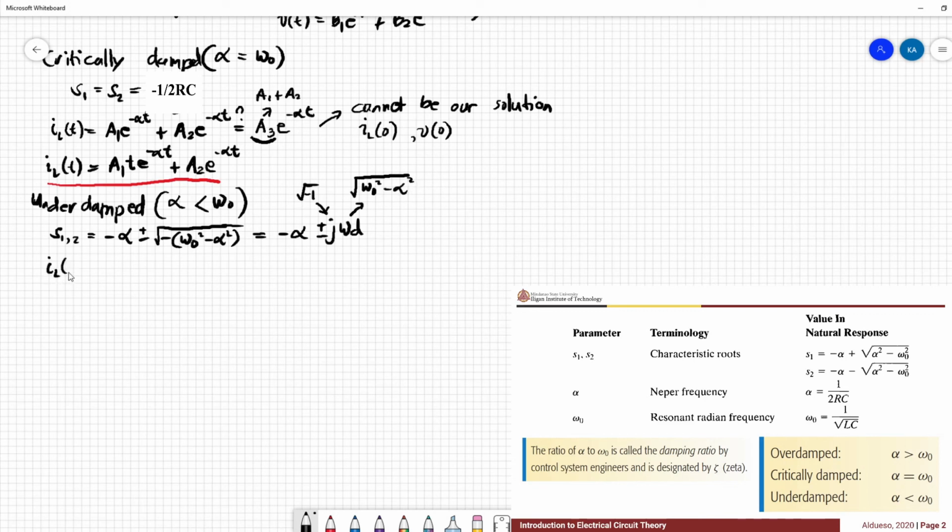Our i_L of t is equal to A1 e^((-alpha - j omega d) t) plus A2 e^((-alpha + j omega d) t).